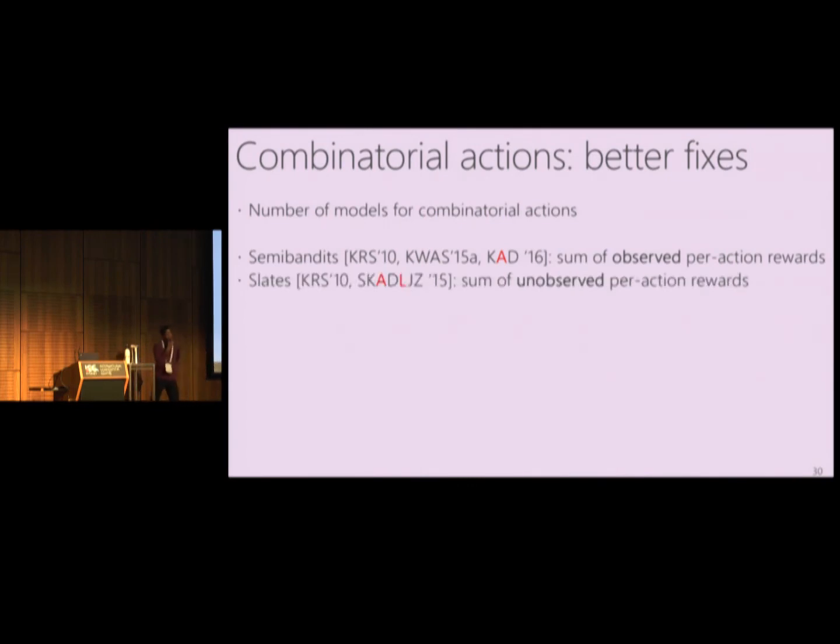People have further generalized this to models where, semi-bandits is like saying that I have some intrinsic quality that's associated with every context action pair, and I get to observe it for the actions I put in my ranking. I don't get to observe it for the actions that I did not put in my ranking. Maybe I believe whatever I'm trying to improve about my ranking does break into this sum of action-specific rewards, but I don't get to observe the individual things.